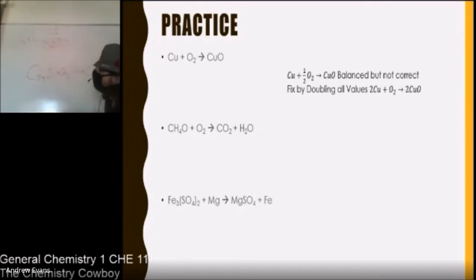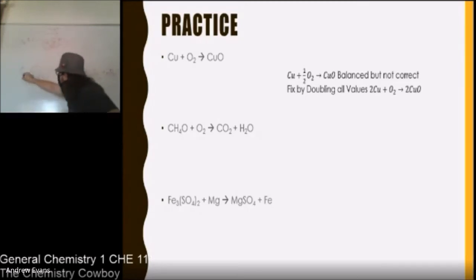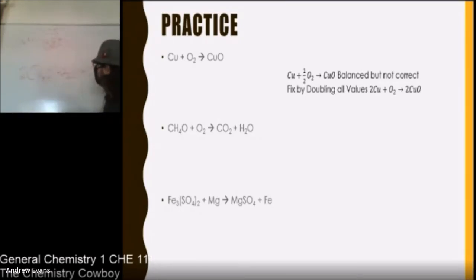We have an odd number of oxygens on the left, an even number of oxygens on the right. So I would have to double the CH4O, which is methanol. That's going to mean I have to double this, and I have to double that. So I double it.